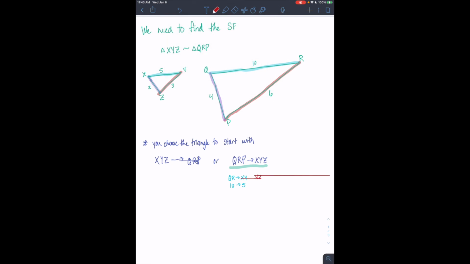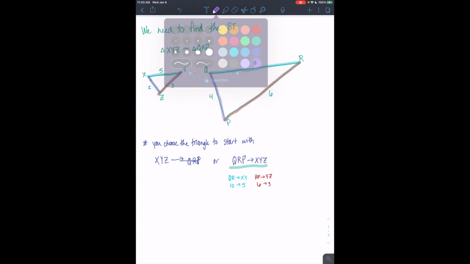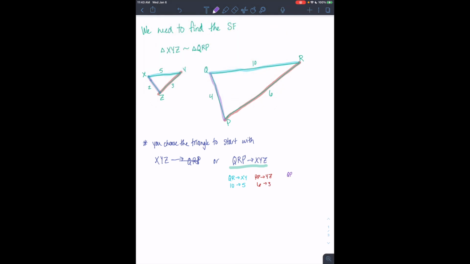So from RP, what might we be multiplying by to get back to YZ? So 6 goes back to 3. And then finally for that third side length, on QP to get back to XZ, from 4 back to 2.